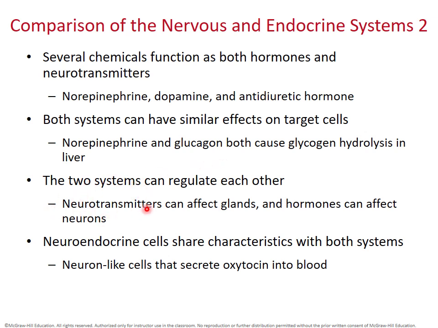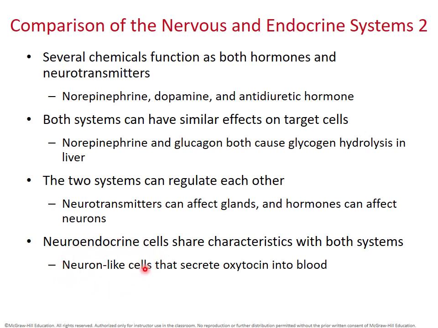There is some interplay between the two systems. As we'll see, there are some cases where the nervous system can affect gland function, and there are some cases where hormones can affect the nervous system function. So there is an interplay between the two. And then there are some cells known as neuroendocrine cells, which are interesting. These are found primarily in the hypothalamus. Neuroendocrine cells are neuron-like cells.